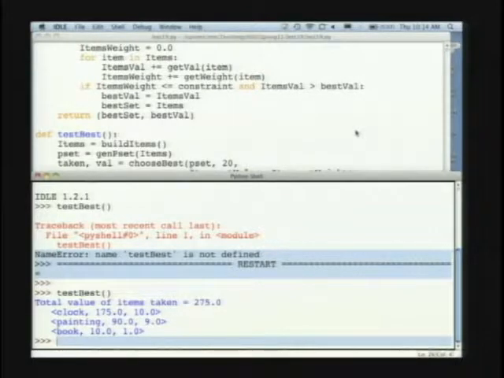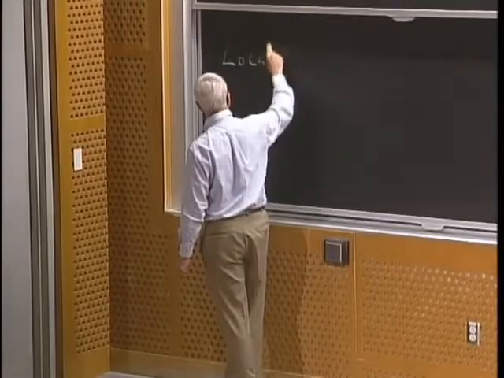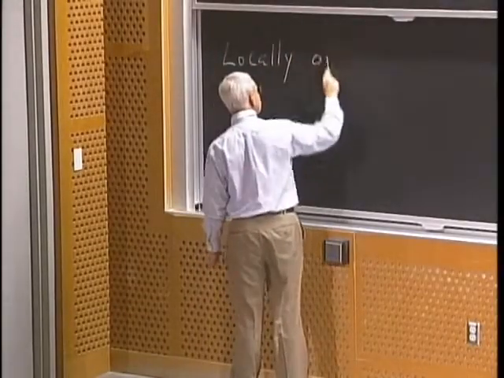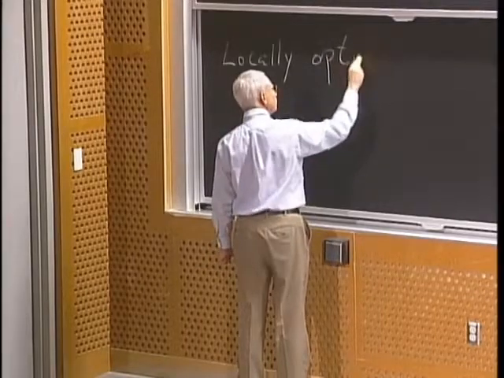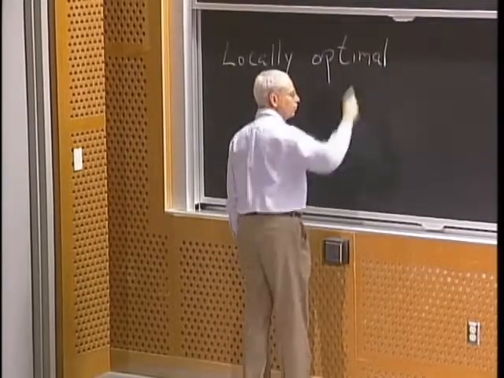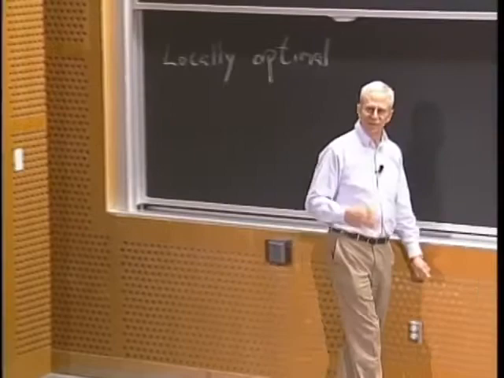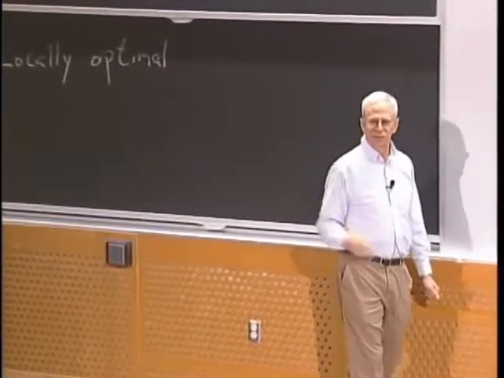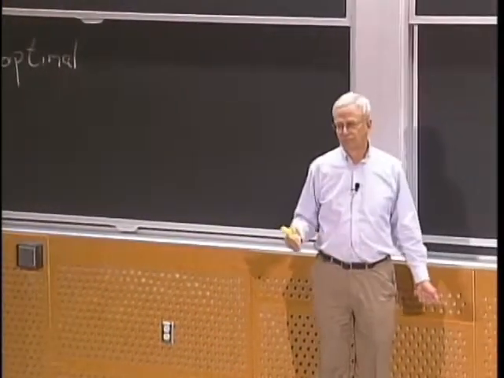Well, because the greedy algorithm chose something that was locally optimal at each step. But there was no guarantee that a sequence of locally optimal decisions would reach a global optimum.